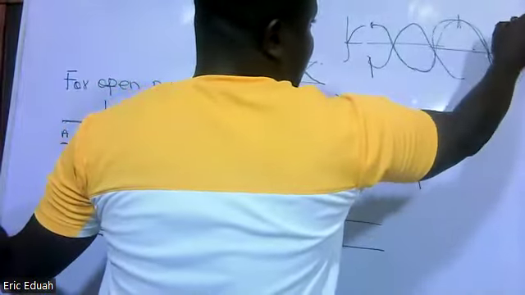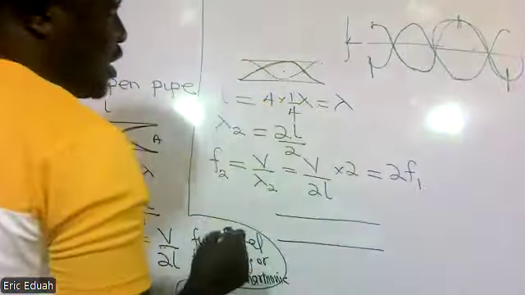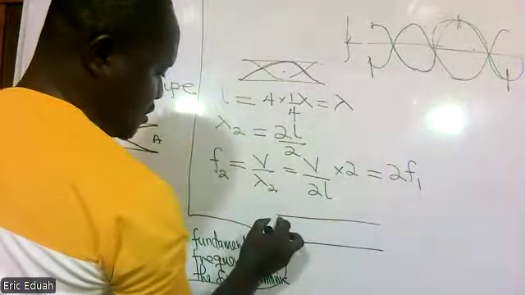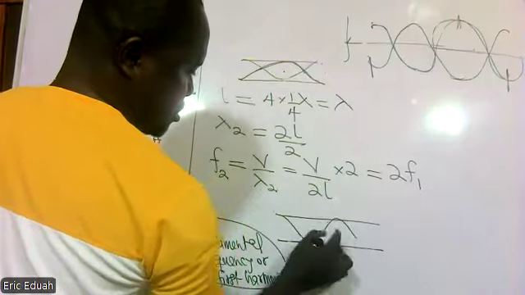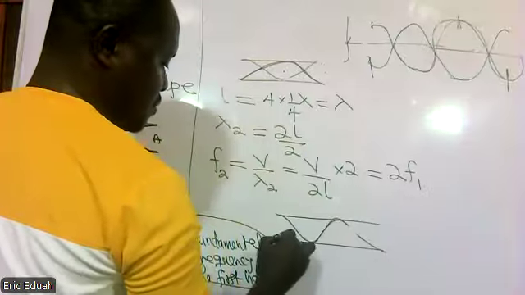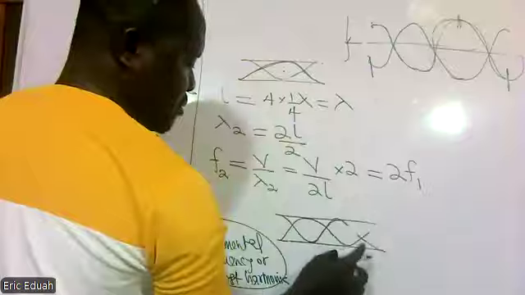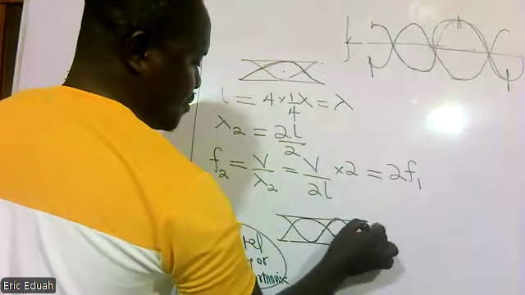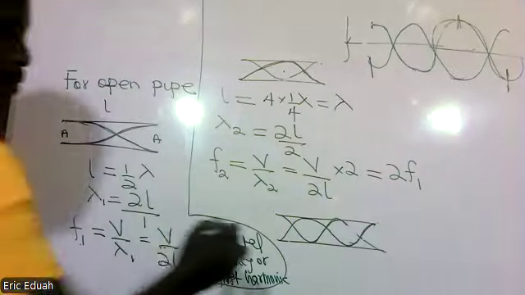So the reflection would also be like this. So here we have 2 complete loops within. So the reflection will look like this.